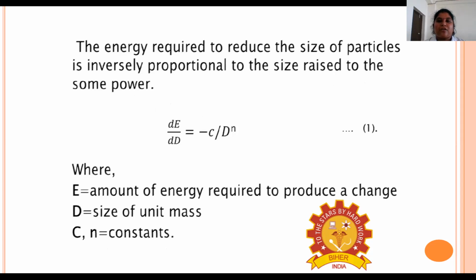Generally, the energy required to reduce the size of the particles is inversely proportional to the size raised to some power. It means the more energy we give, the more the size gets reduced. The differential energy to the differential diameter is equal to minus C divided by D power N. Here, differential energy means the amount of energy required to produce a change in the particle size.